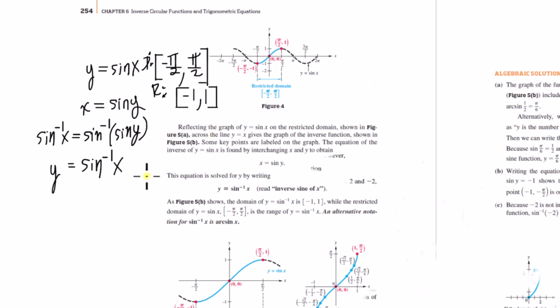But when we do the inverse, now the domain is going to be whatever the range was, which makes sense, and the range is going to be what the domain was. For the domain, you can't input something that's less than -1 or greater than 1. That wouldn't make any sense. You're saying there was an angle, and you took the sine of that angle and you got something. I have that something. I want to know what that angle was. That something is going to be between -1 and 1. If it's not, that doesn't make any sense.